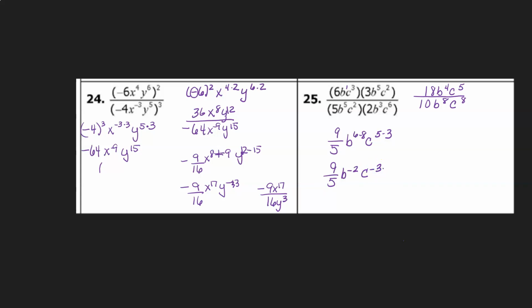So now let's send everything with the negative exponent down to the bottom. 9 over 5 b squared c cubed.